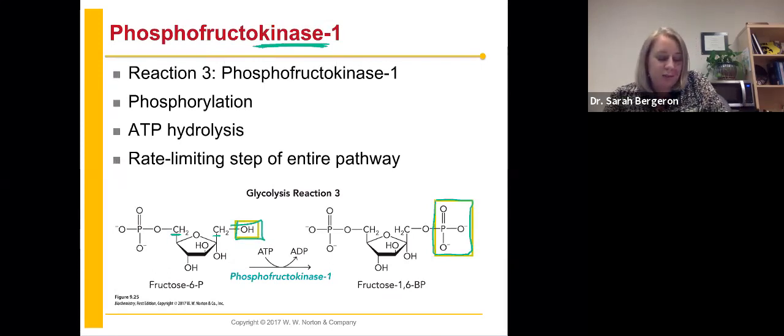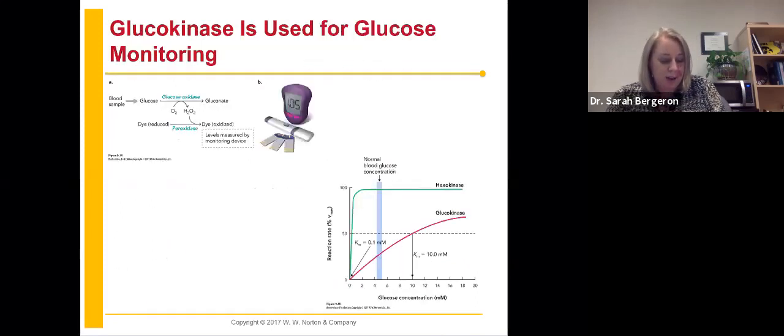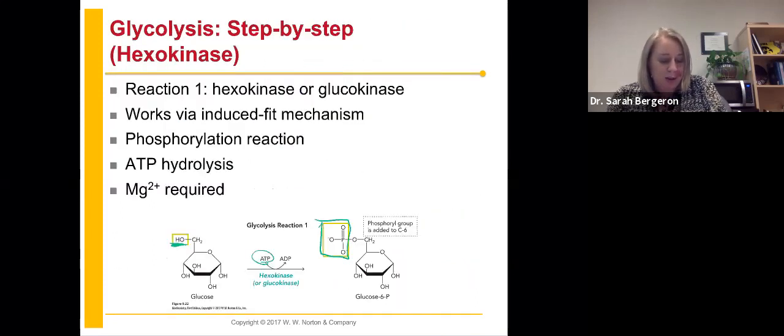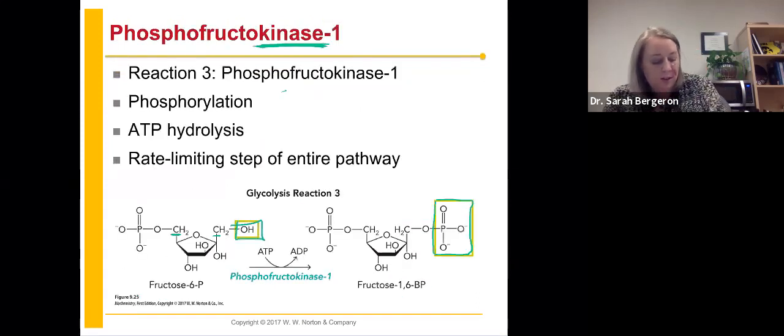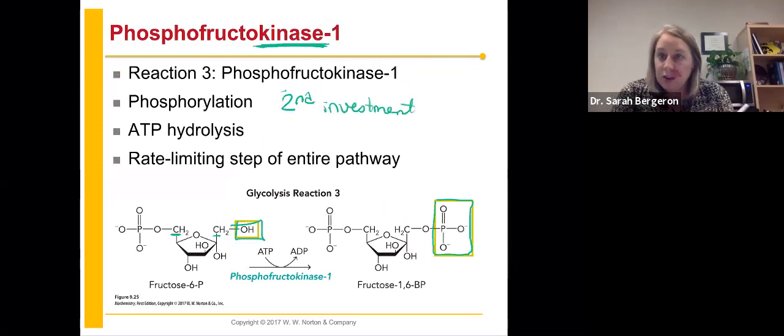We had our first investment where we put in ATP, and then this is our second investment. So this is where we're putting in those ATPs. You've got to spend money to get money.